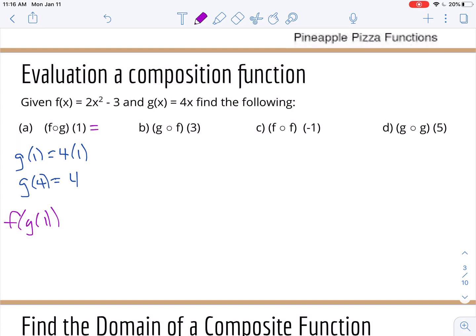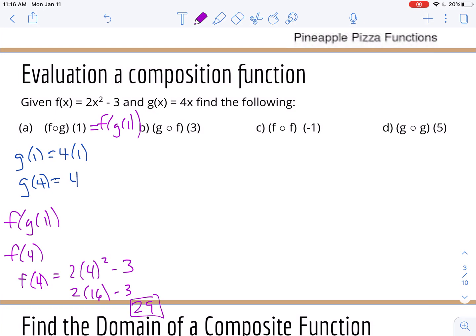Since g of 1 is equal to 4, I'm looking at f of 4. So f of 4 is equal to 2 times 4 squared minus 3, which is 2 times 16 minus 3, which will be 29.